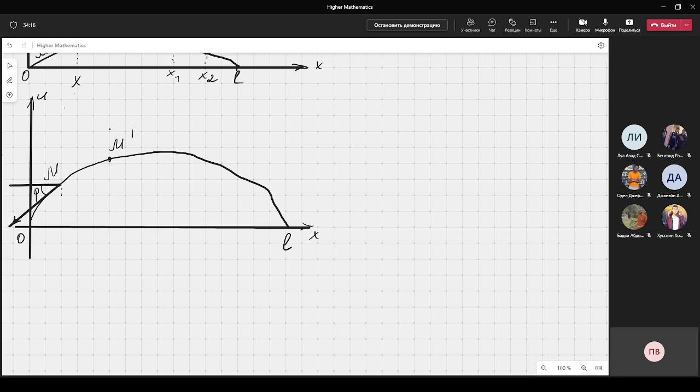Here axis x. This angle phi plus delta phi. Abscissa x plus delta x, sorry.